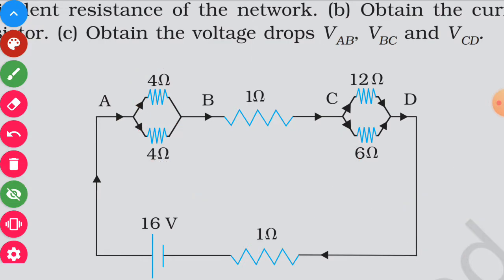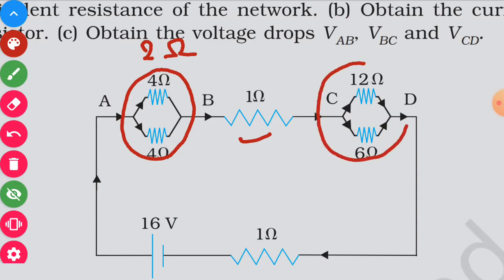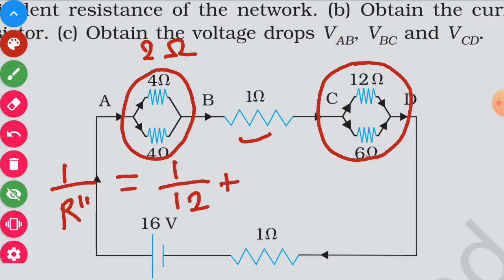This is very easy. Orally you can calculate. So this combination has a resistance of 2 ohm. This is 1 ohm that is given. Then this I will find out. 1 upon R double prime is equal to, now directly I am writing, 1 upon 12 plus 1 upon 6.